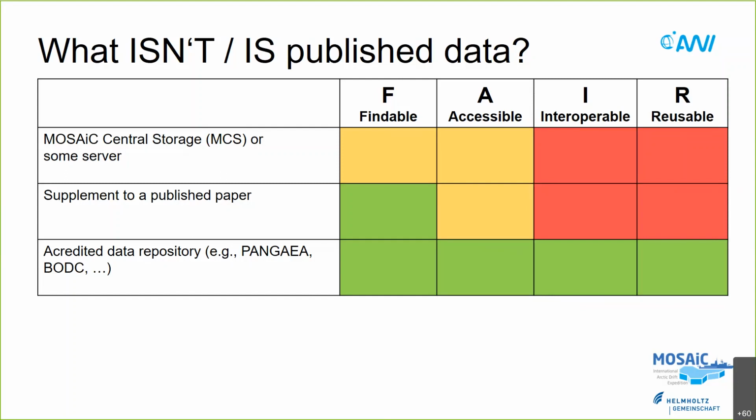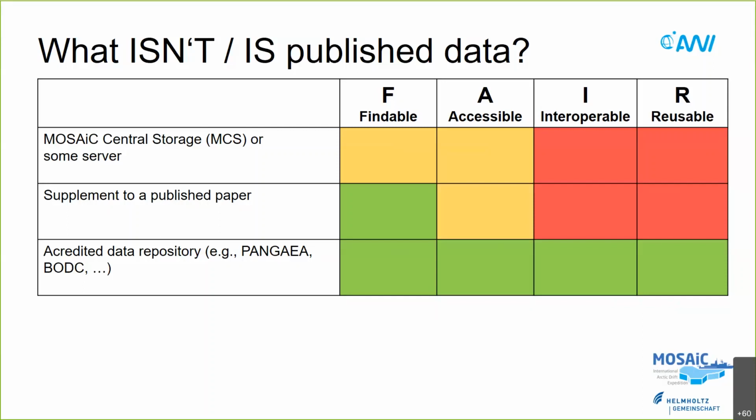One standard way of publishing data related to scientific papers is using the possibility to submit a supplement to a published paper, offered by journal publishers. Such data are findable, definitely, at least in the context of the published paper. But their accessibility is probably not ideal for several reasons.